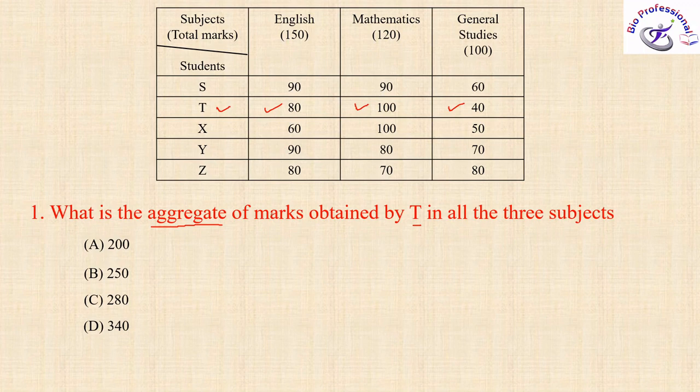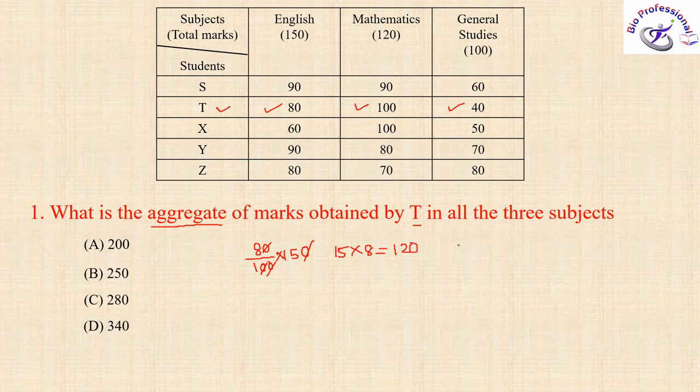So 80% of 150, just multiply with 150. This 0 cancelled, this 0 cancelled, it remains 15 into 8, so 15 into 8 is 120.